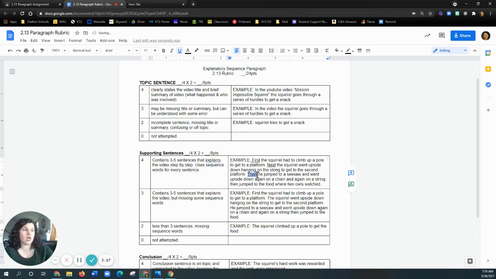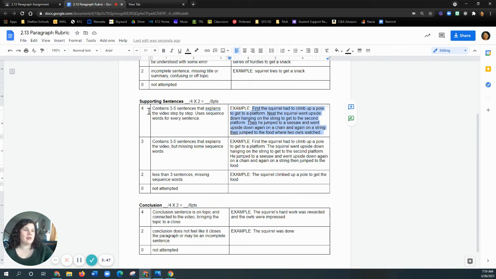Then he jumped to a seesaw and went upside down again on a chain and again on a string, and then jumped to the food where 2 owls watched. So this person is telling us specifically what the squirrel is doing and how he's accomplishing his task. And they did a great job. So they had 3 to 5 sentences, and they used their sequence words, so they got full points.